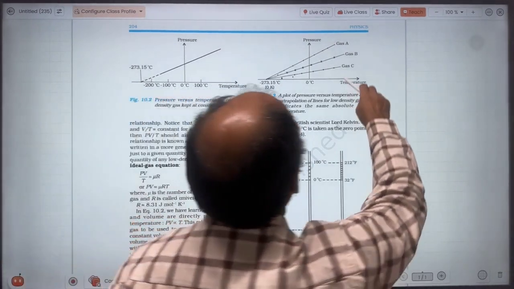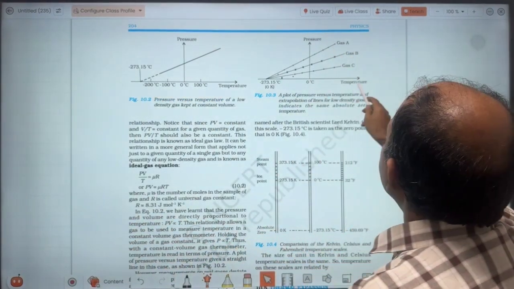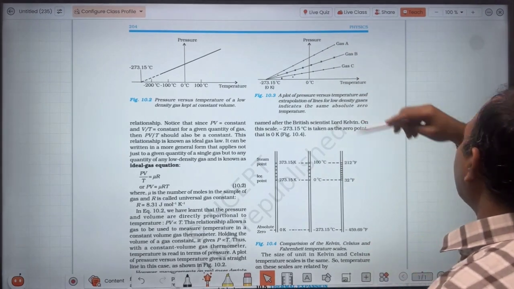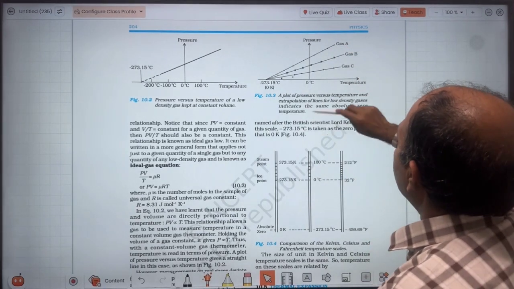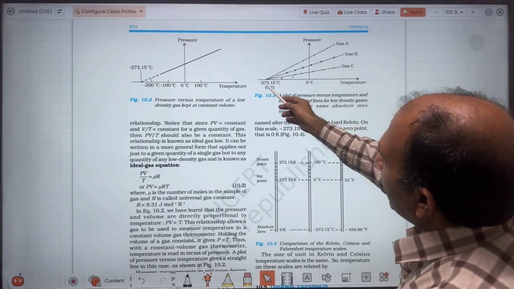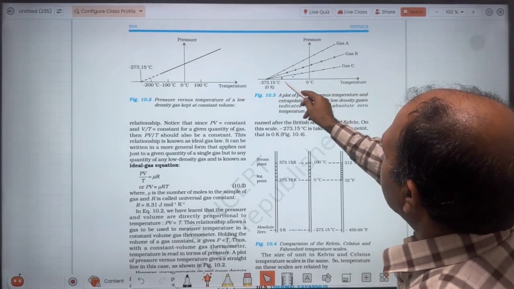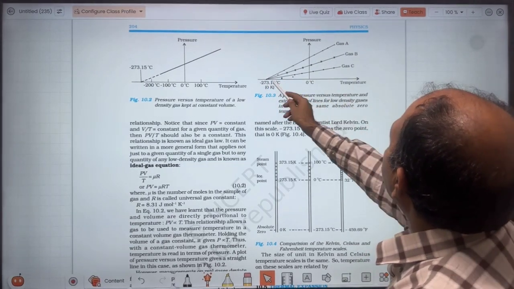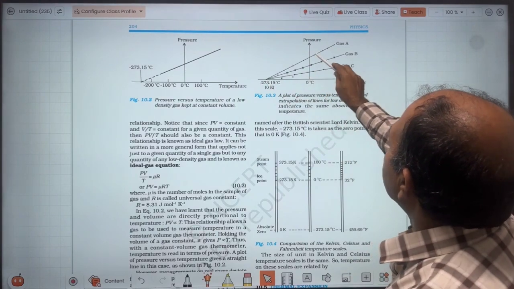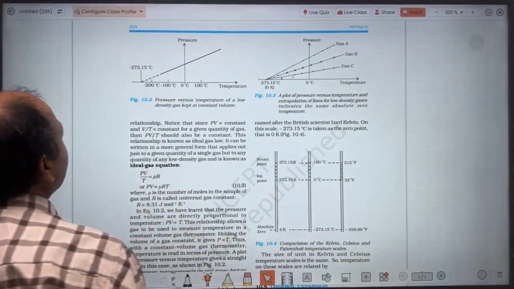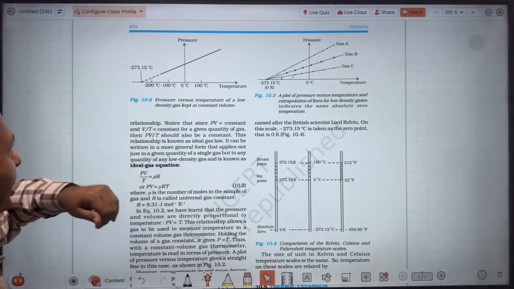Here the pressure and temperature graph is shown, again the same thing, but here different gases are taken, and despite that, at the same temperature, minus 273.15 degrees centigrade, volume becomes 0, pressure becomes 0, right? If pressure is 0, it means there is no volume.